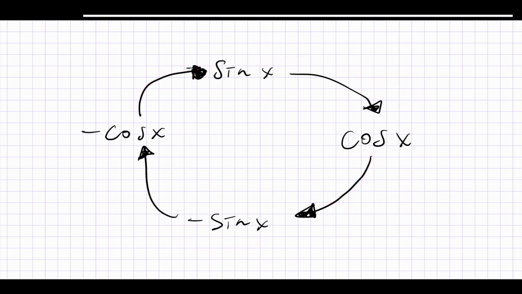Now we're just going the back way, the opposite way. So from sine, the antiderivative of sine would be negative cosine. The antiderivative of negative cosine is negative sine. The antiderivative of negative sine is cosine. And then, like number 2, the antiderivative of cosine is sine.